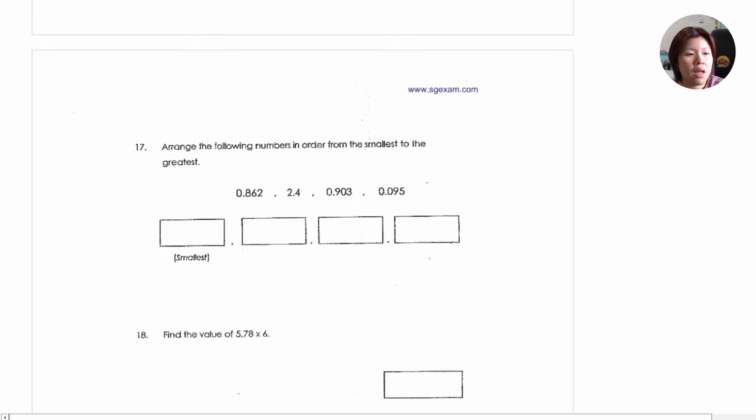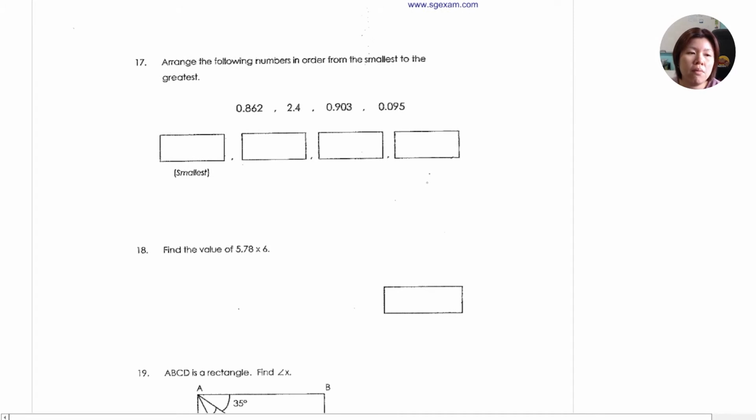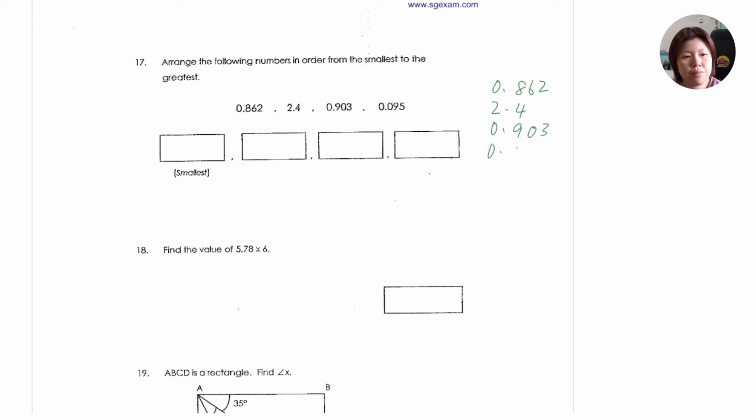Okay, next one. They want to arrange from greatest to smallest to greatest. So I'll put the number as, I'll put 0 to make it equal. So I can see from greatest, the first one, let me use a color. 2 is the greatest. So greatest should be at the back, is number 4. So let's see the second one.